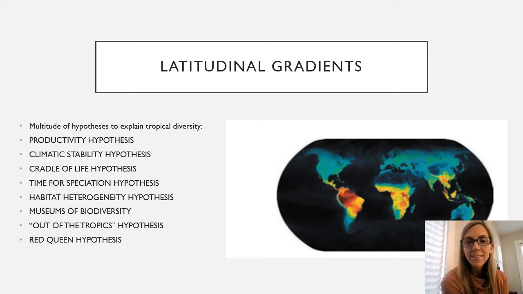Another hypothesis, the climate stability hypothesis, postulates that the relative evolutionary stability of the tropics has led to greater diversification there. While some northern latitudes have seen numerous glaciation events, of course, the tropics have been spared those over time, leading to a longer, stable time for diversification of species.